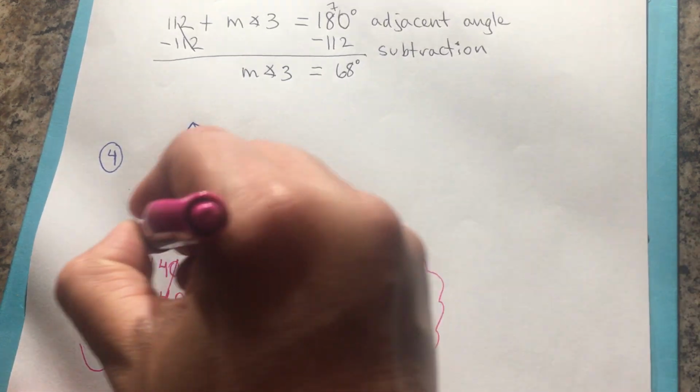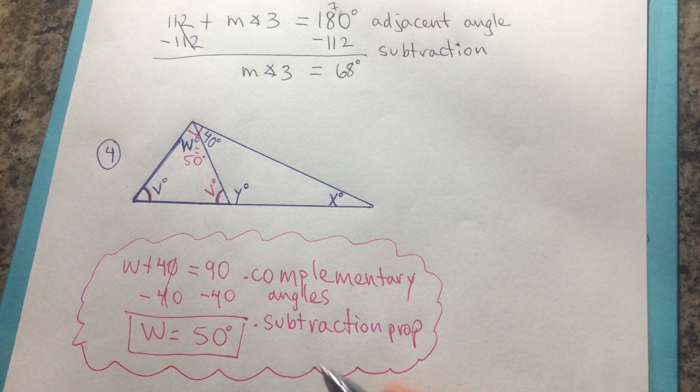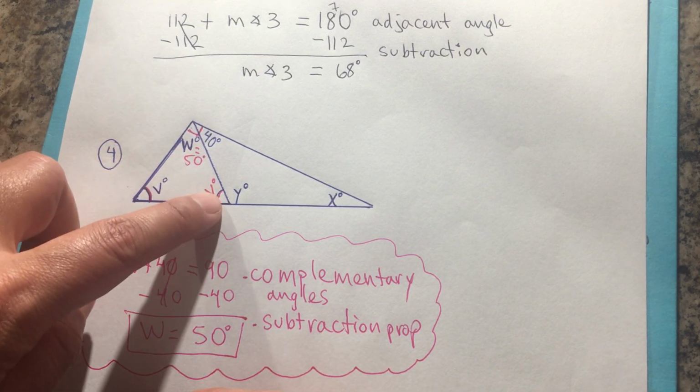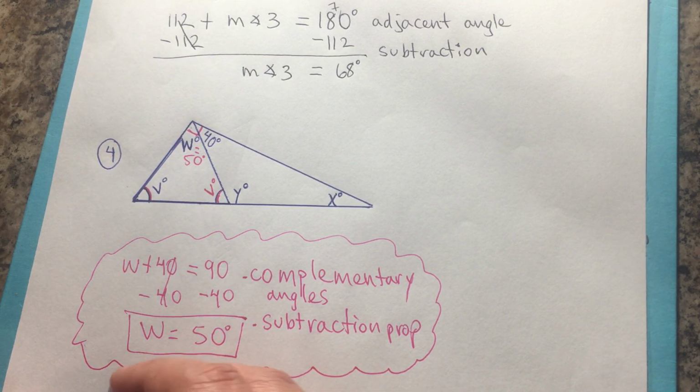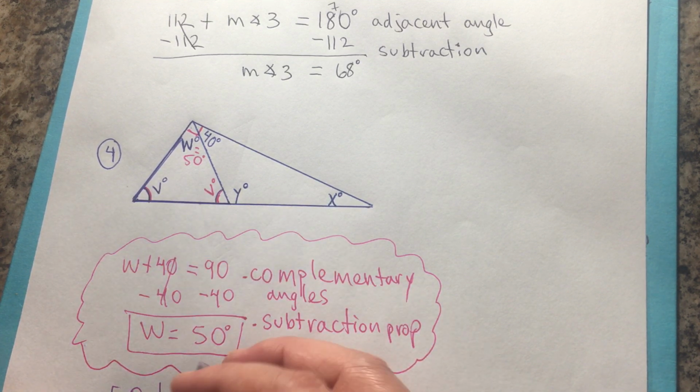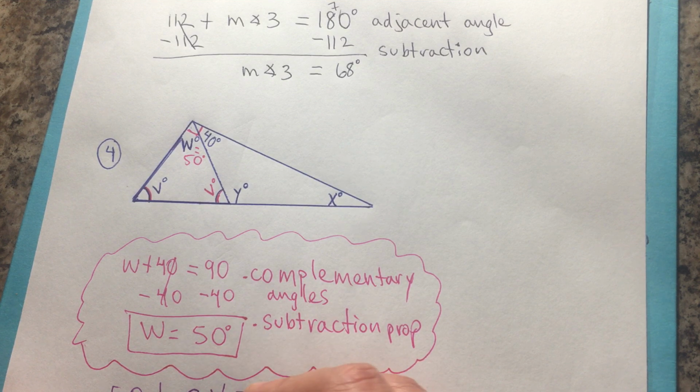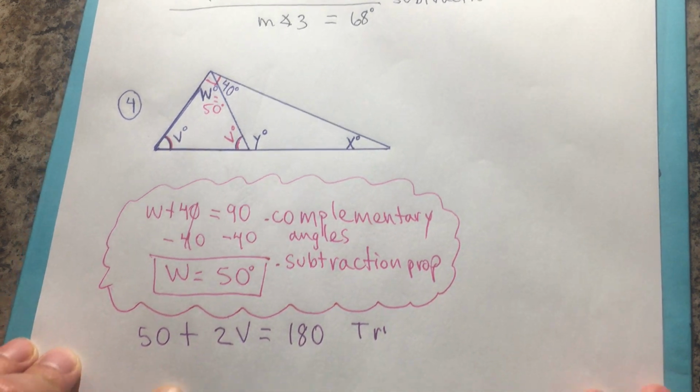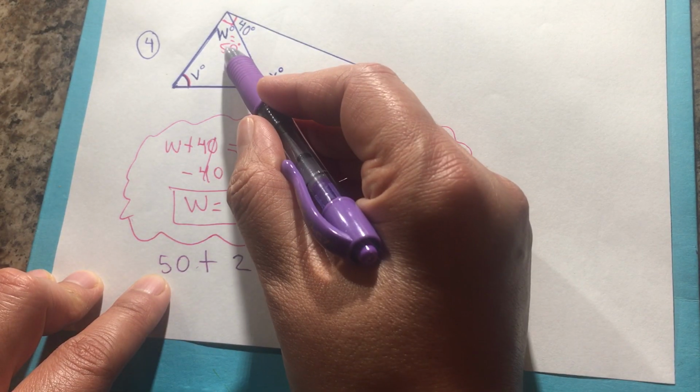Let's use a different color. By adding all these together, I can say that 50 plus V and V are 2V equals 180 degrees. Here, this 50 comes from here.